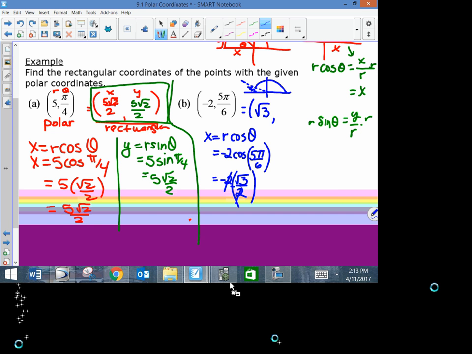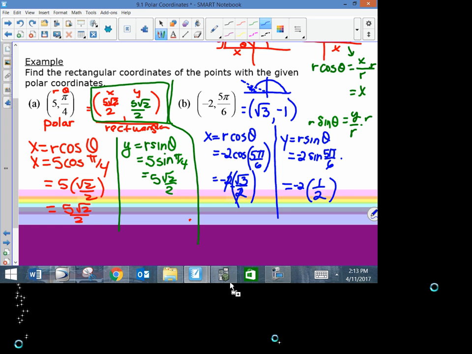Now, the other school of thought is, let me just finish. Okay, so y equals r sine theta, -2 sine of 5 pi over 6. Remember the co-functions. So that's all students, that's a positive 1/2, right? So what do we get? -1. Okay?